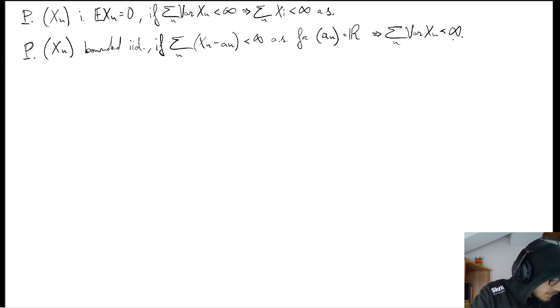Okay, now we have Kolmogorov three-series theorem. Consider Xn independent.